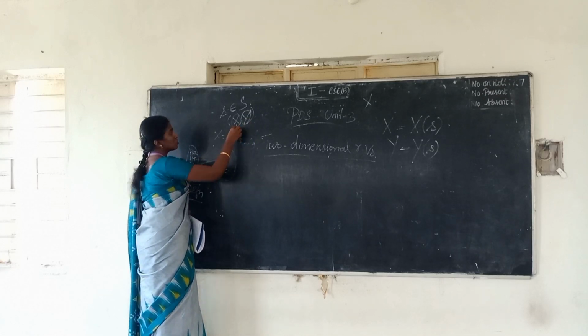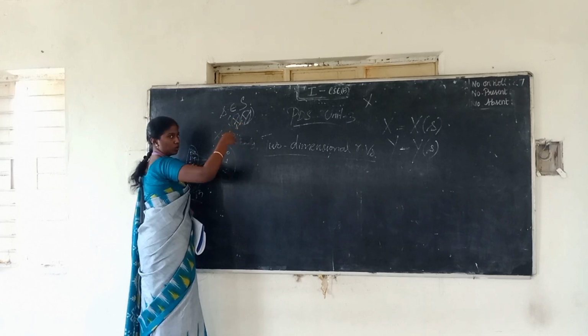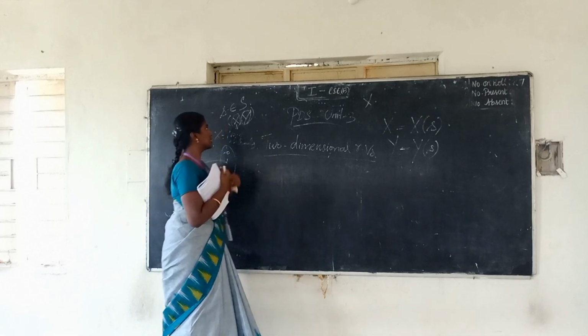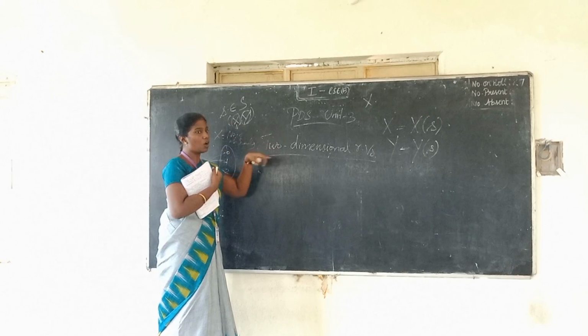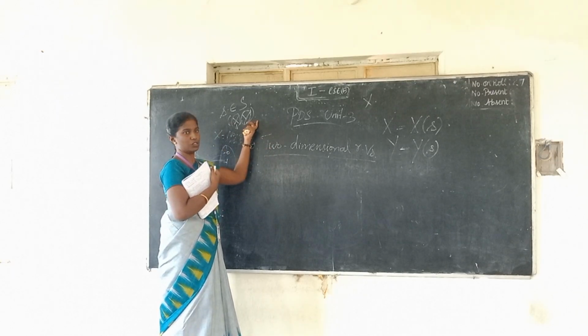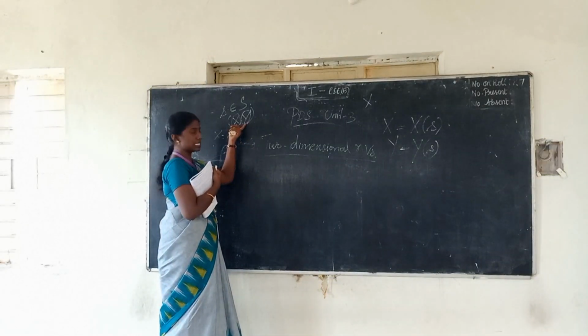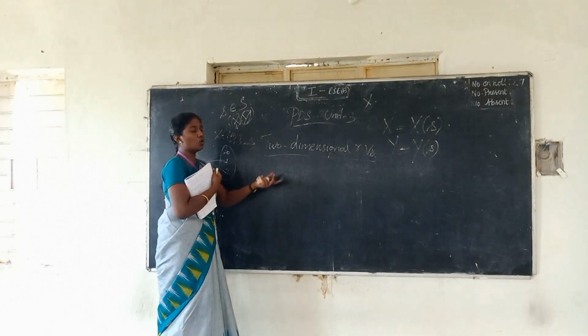Is it clear? So X equal to 0, 1, 2 like that, and Y also maybe some other values, need not be similar to X, some other numerical values. But at the same time, we are going to discuss two-dimensional random variables.